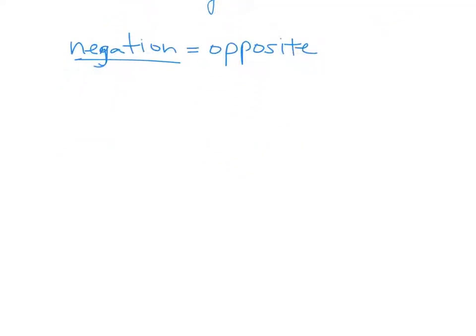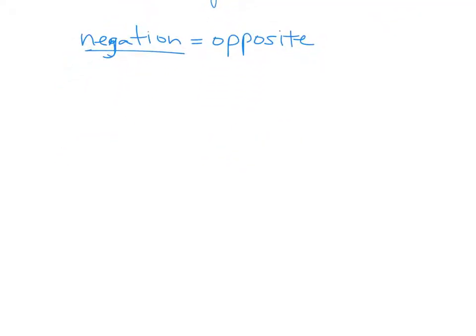Okay, then here's kind of the big setup for this lesson. You will have a conditional statement. What is a conditional? It's an if-then. Okay, so your conditional statement, I'm going to give these to you in terms of letters instead of a big long sentence, okay?